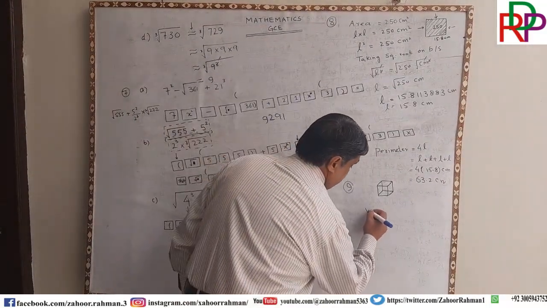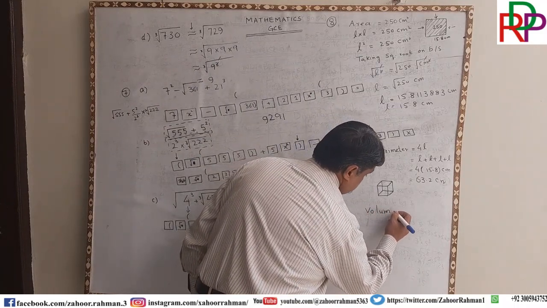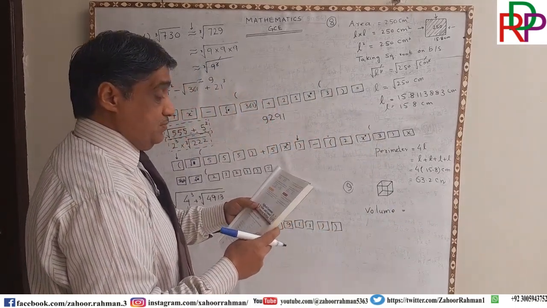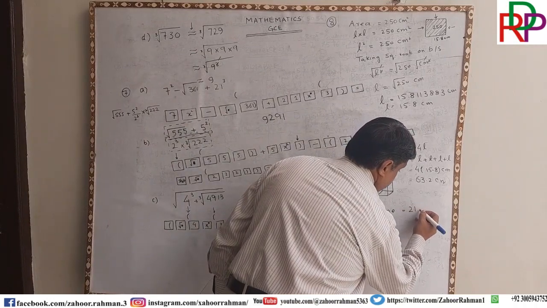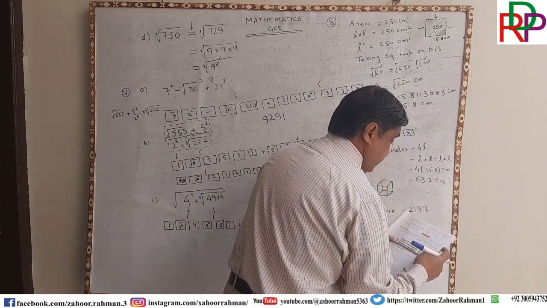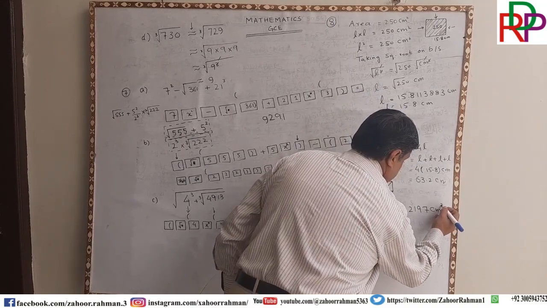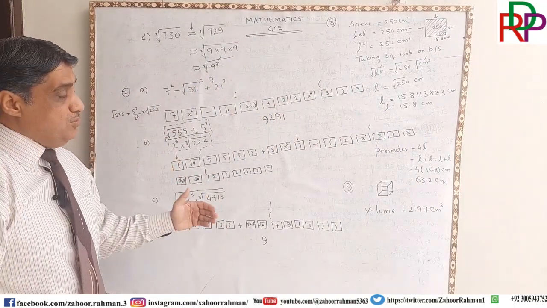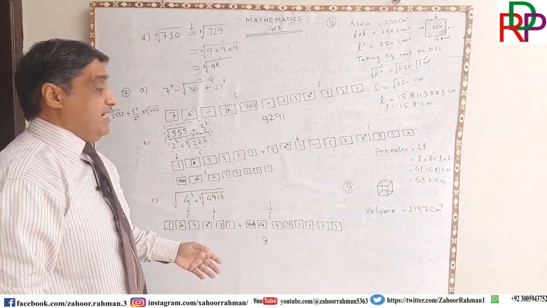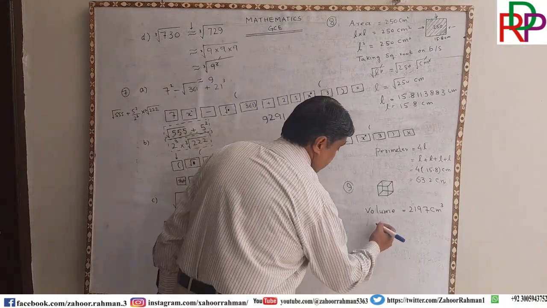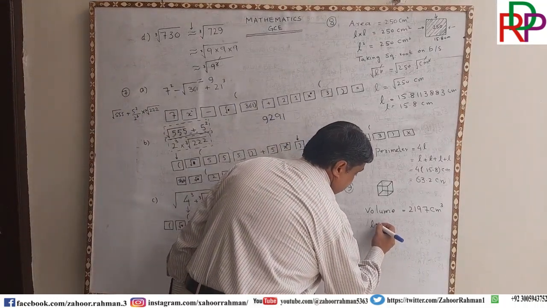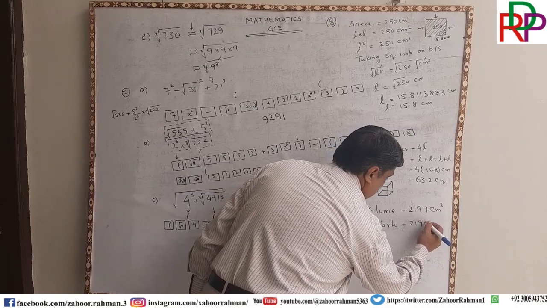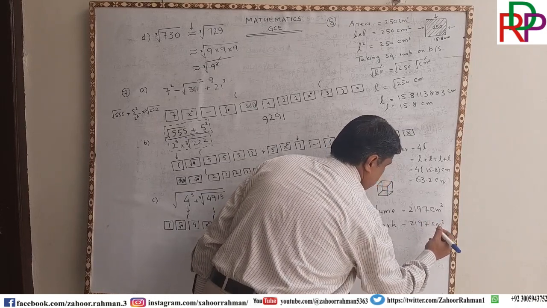They are telling me that the volume of the cube is equal to what? They have given us 2197 centimeter cube. Yes, area is represented in centimeter square, while volume is represented in centimeter cube, and you know that length multiplied by breadth multiplied by height is equal to 2197 centimeter cube.